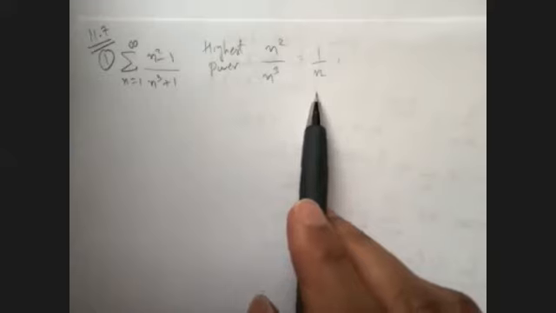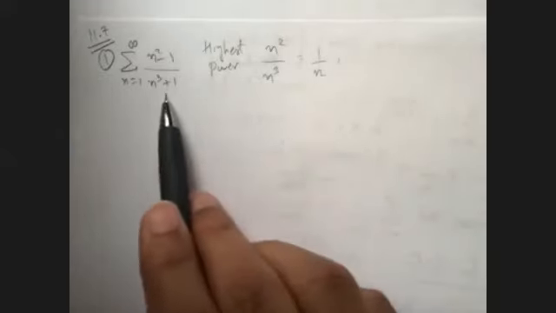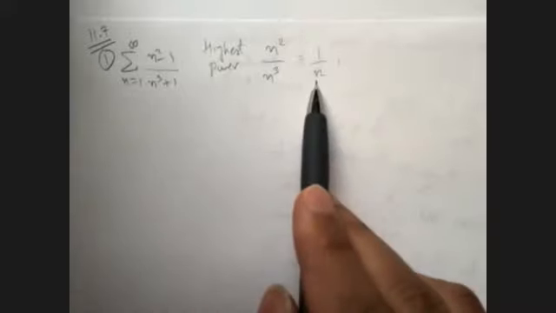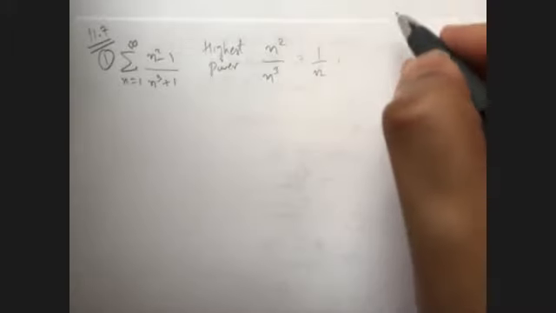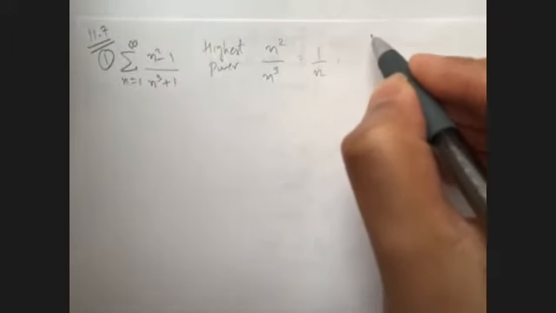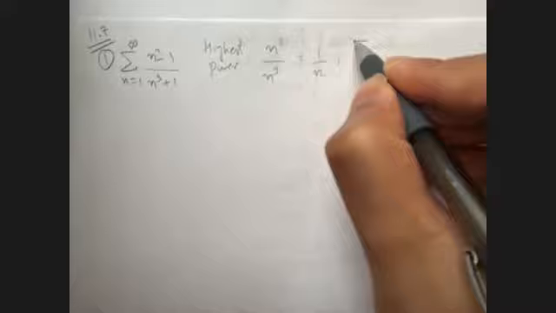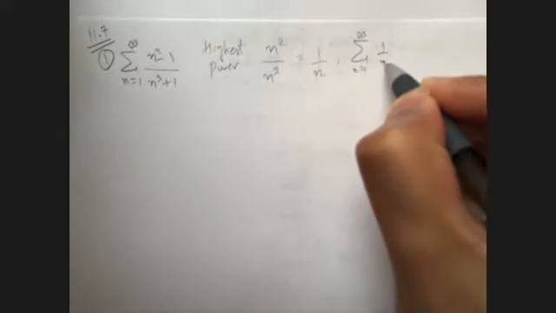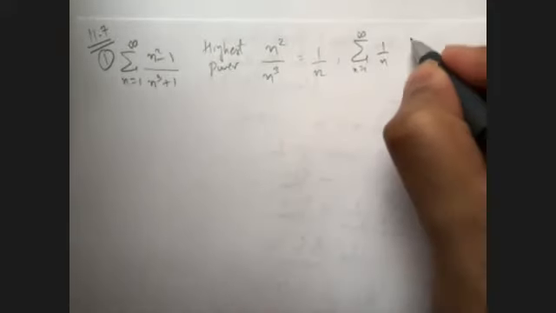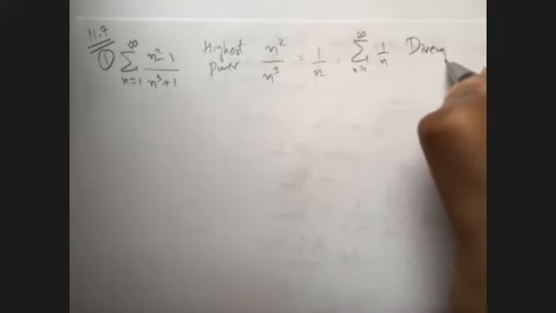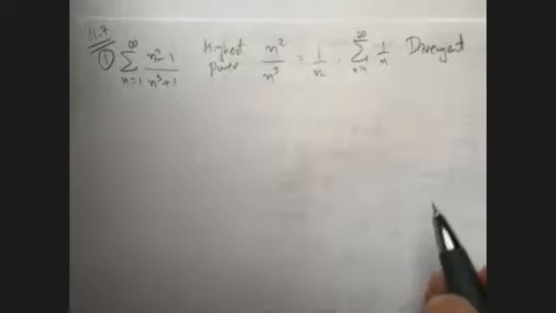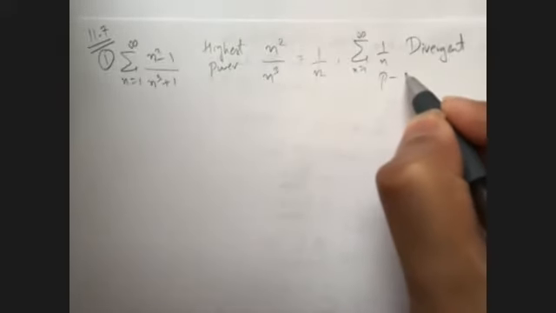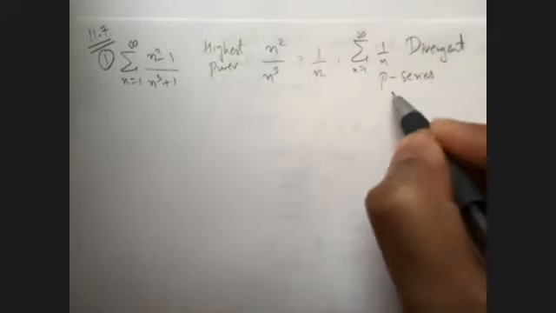So it means we have to compare it with the series with 1 over n. However, if you observe, first note that 1 over n is divergent because it's a p series and p is 1 here.